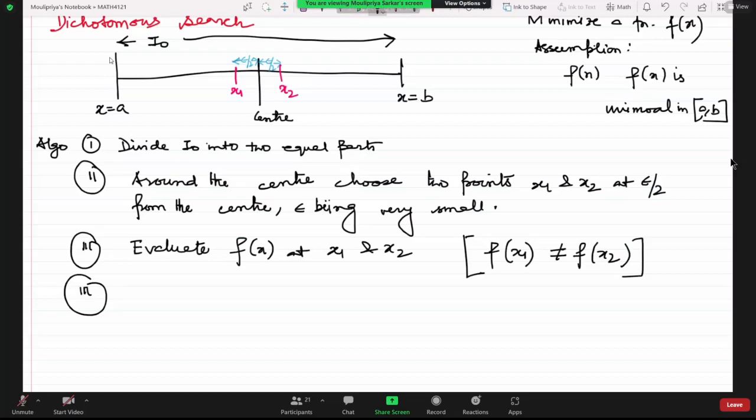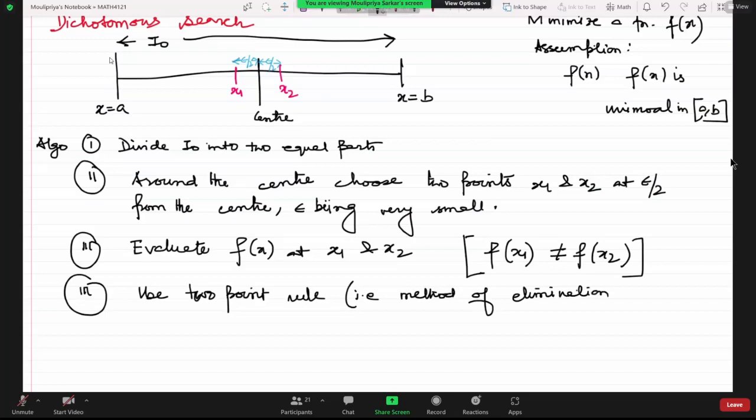Now we will use the two-point rule, that is the method of elimination, to eliminate either AX1 or X2B.